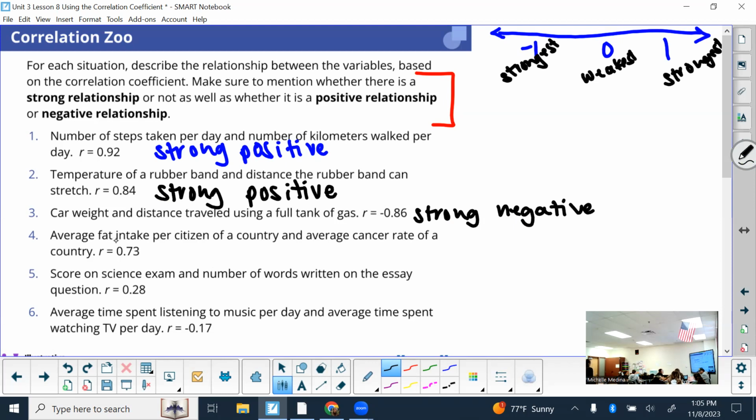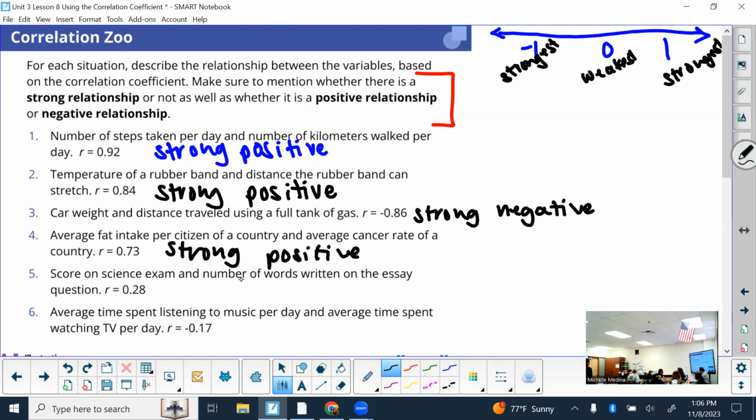Table 1, when it's 0.73, how would you describe that? Strong positive. I would also agree, we'll rank them at the end, but it's still closer to 1 than say 0. So I would still probably classify that as strong.